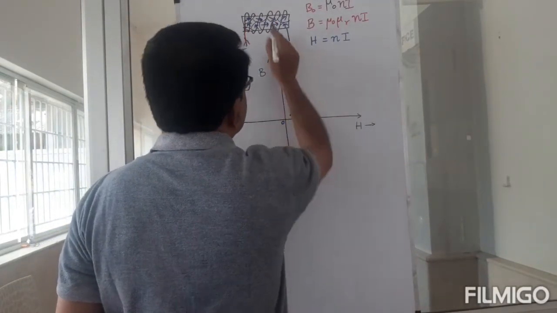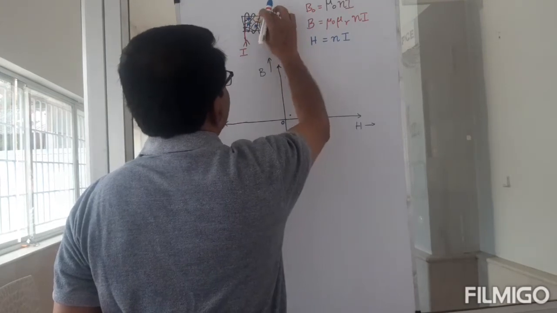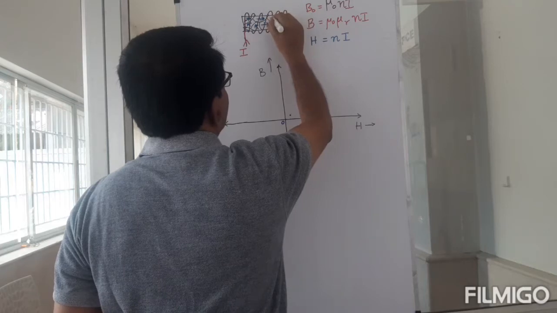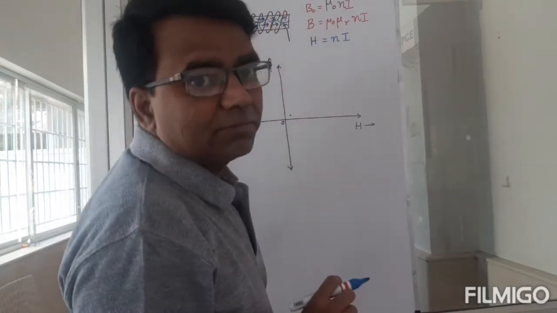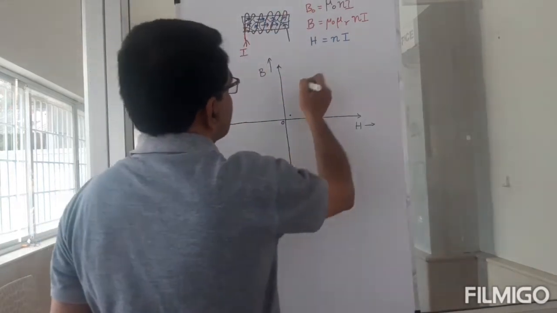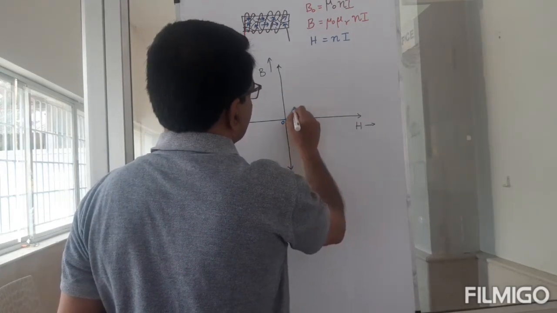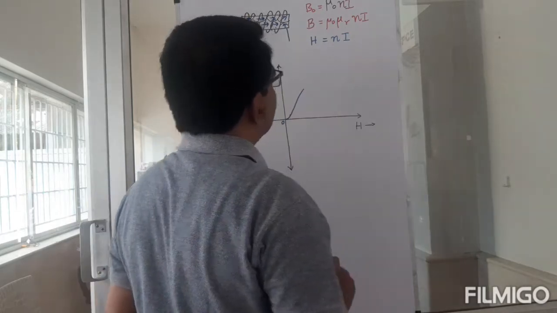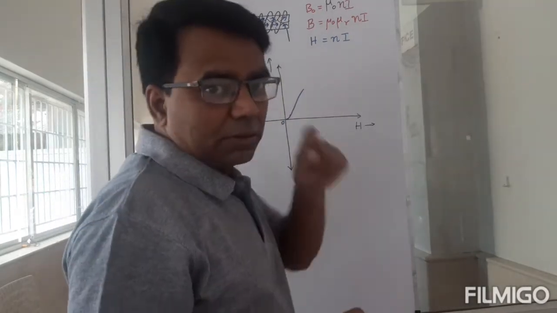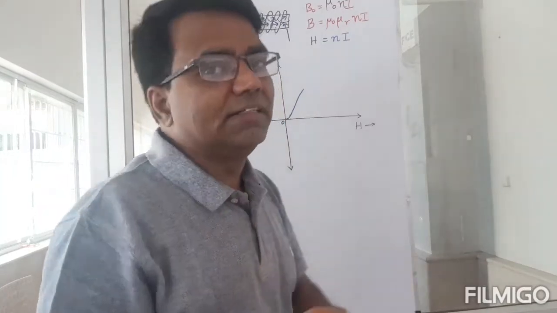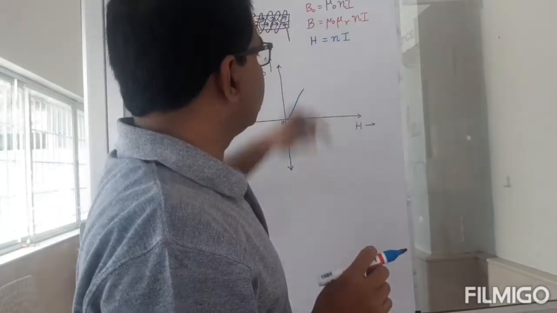So when I increase it, a few more, maybe these two, align with that field. And this keeps increasing. As I keep increasing the current, you see, this keeps increasing. But there is a limit to it, because there is a finite number of domains in this material.